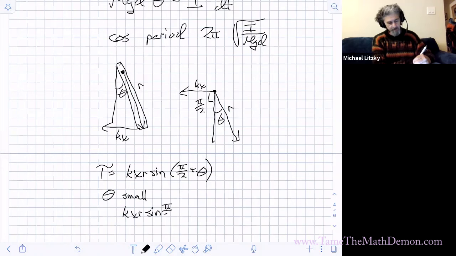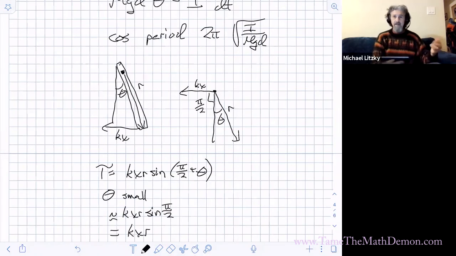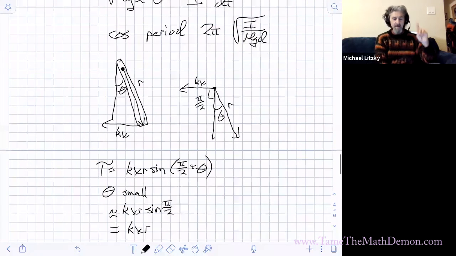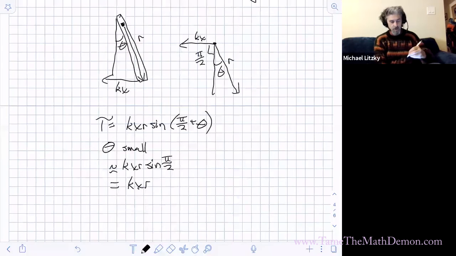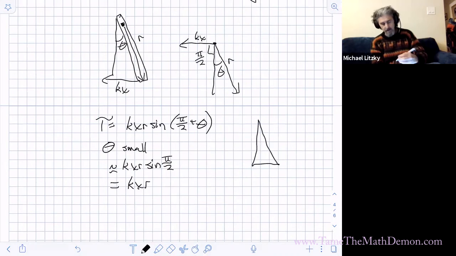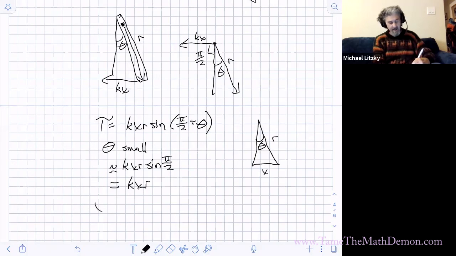And the sine of pi over 2 is 1. So that's just kxr. And that's nothing like what we're supposed to come up with. But here's the last little trick. If we look at a right triangle made up of x, r, and theta, x is r sine theta. Work it out if you don't believe me.